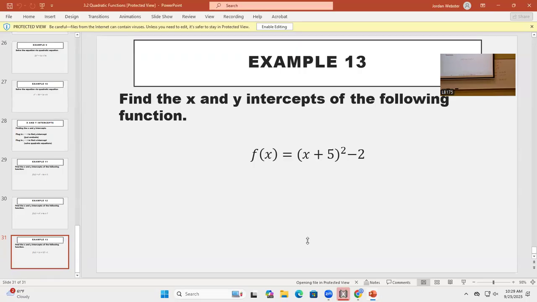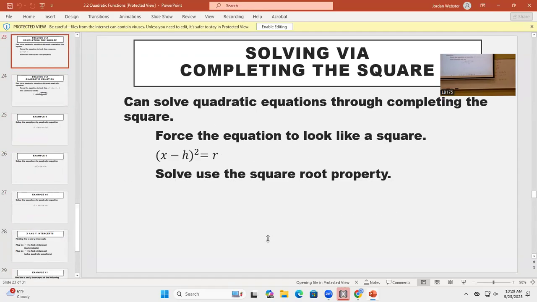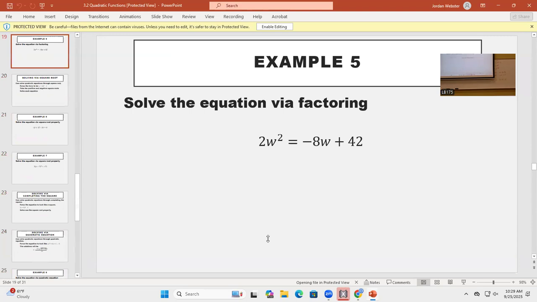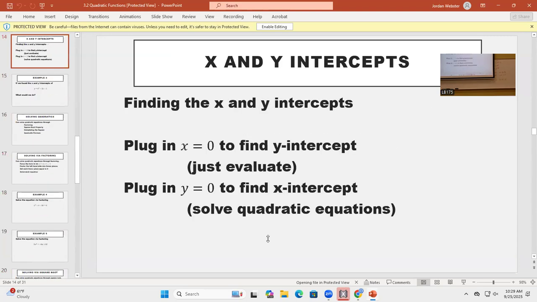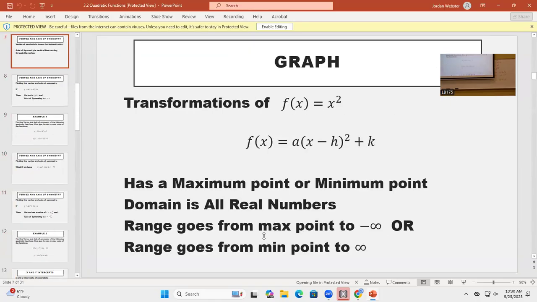So that's what we want to do with quadratic functions. We've done a lot, both last class and this class. We've solved quadratic equations a number of different ways. We'll be doing that throughout this chapter, not just today. So we're going to use these tools throughout this chapter to find x and y intercepts.